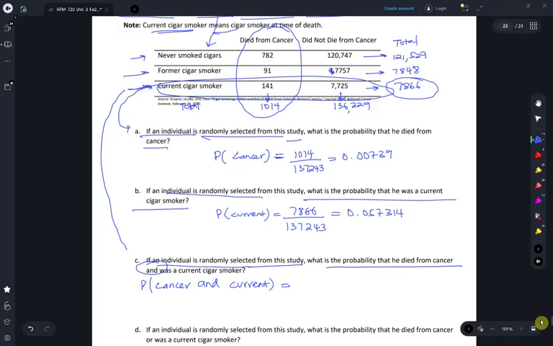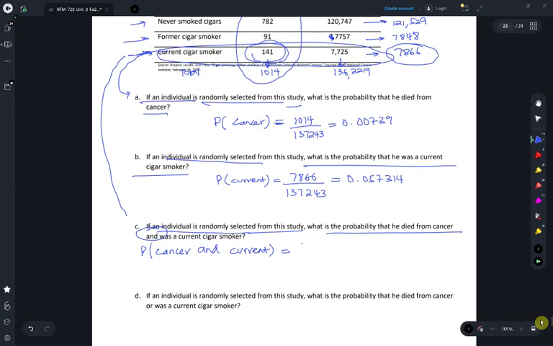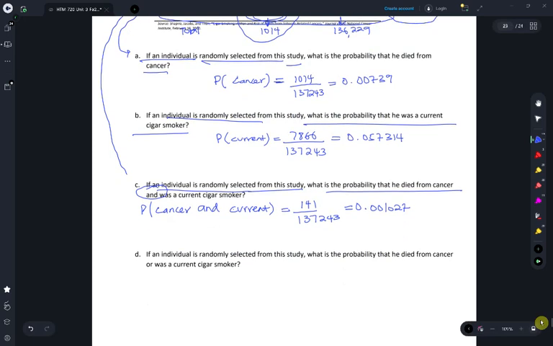That would be 141 of them. So this is 141 out of 137,243, which should give about 0.001027.